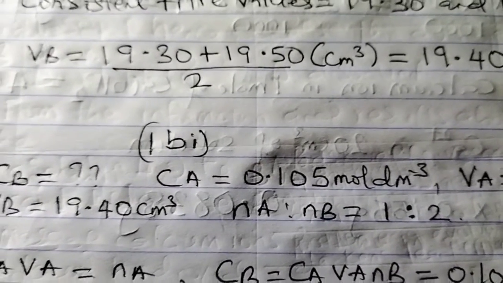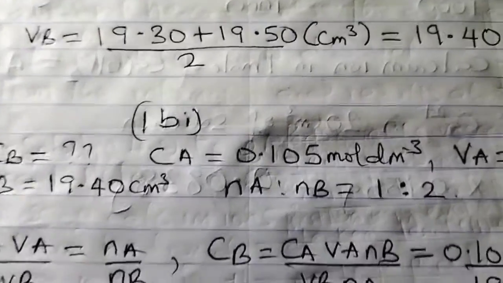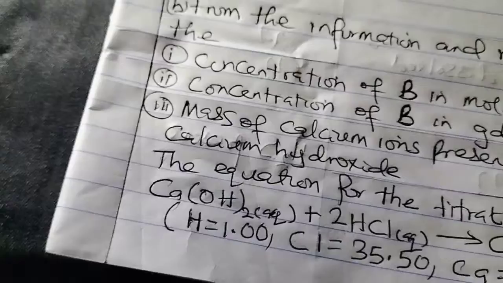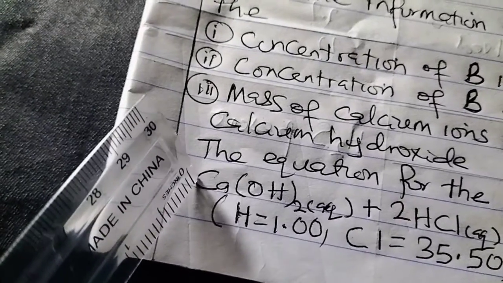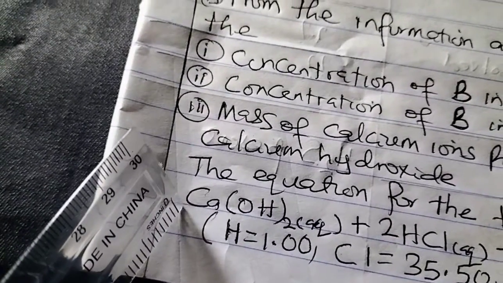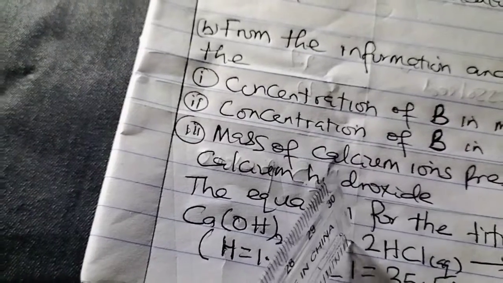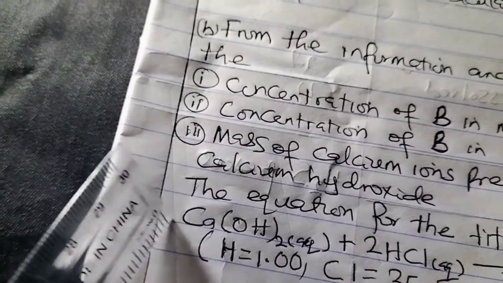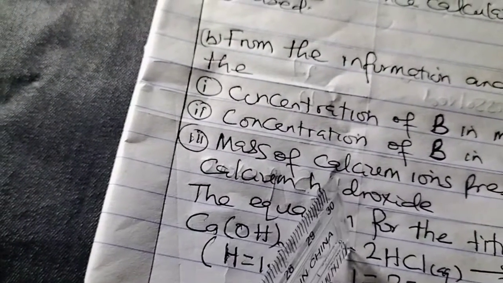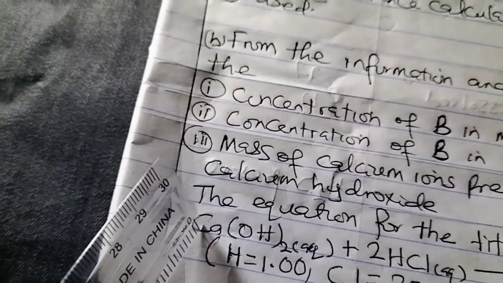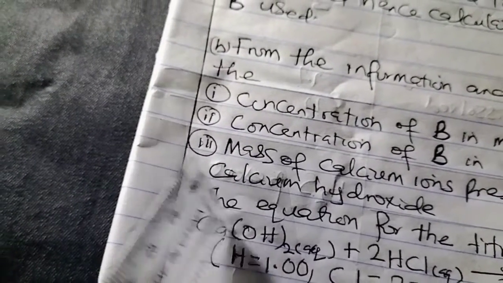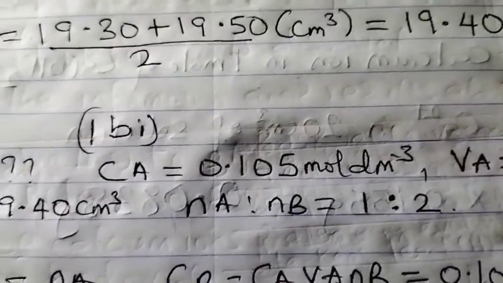Remember that A in this case stands for the base and B stands for the acid. So you go to the balanced equation. This is our A, the base. The mole is 1, and B is the acid, which is 2. So the ratio of A to B is 1:2. That's the mole ratio, which is written over there.